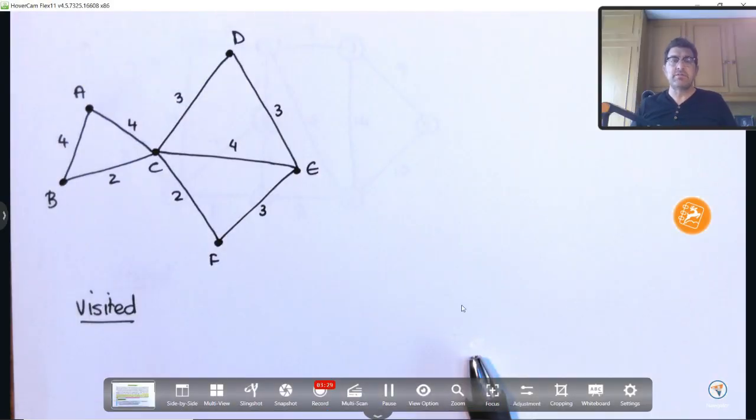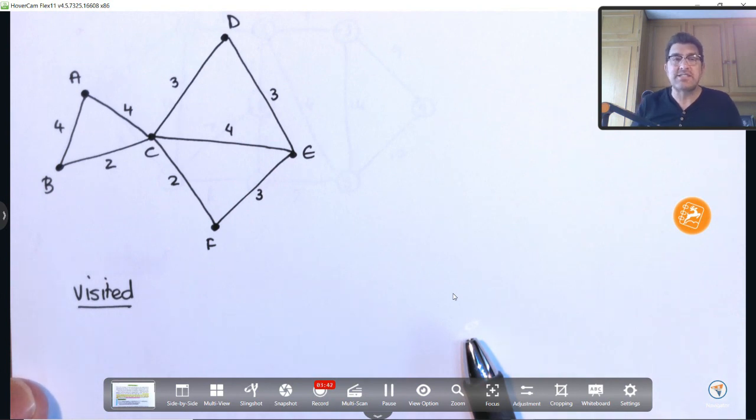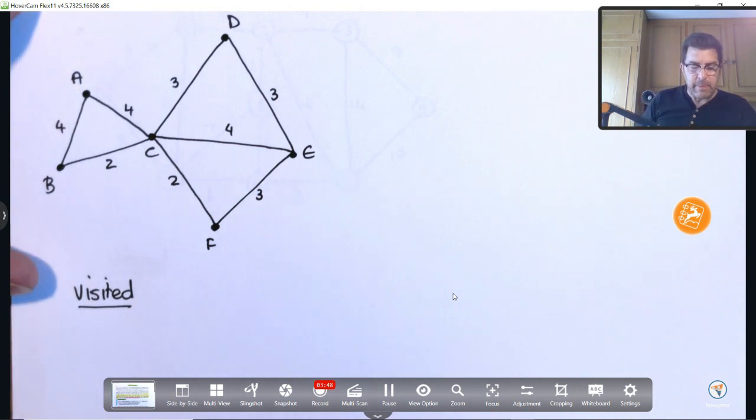Now I'm going to do two things here. I'm going to use Prim's algorithm, and then I'm going to go back and use the adjacency matrix again, so that you can get some practice and see how the adjacency matrix does exactly the same thing. Okay, so let's pick a node to start from.